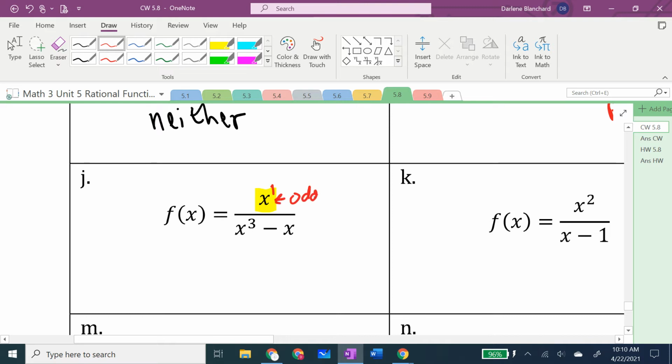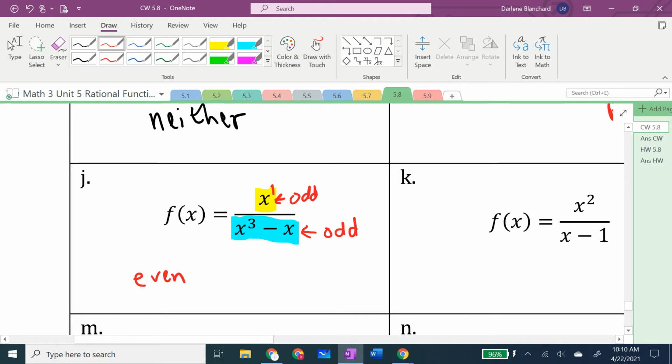That polynomial is odd. What about the denominator polynomial? Is the denominator polynomial even or odd? Yes. What does that mean about the entire function? Even.